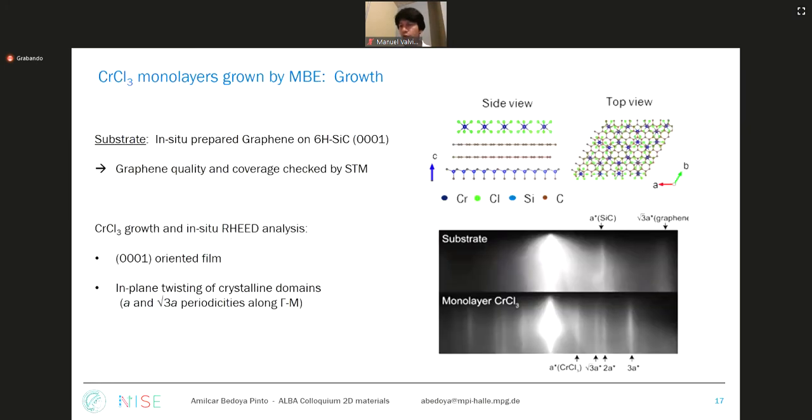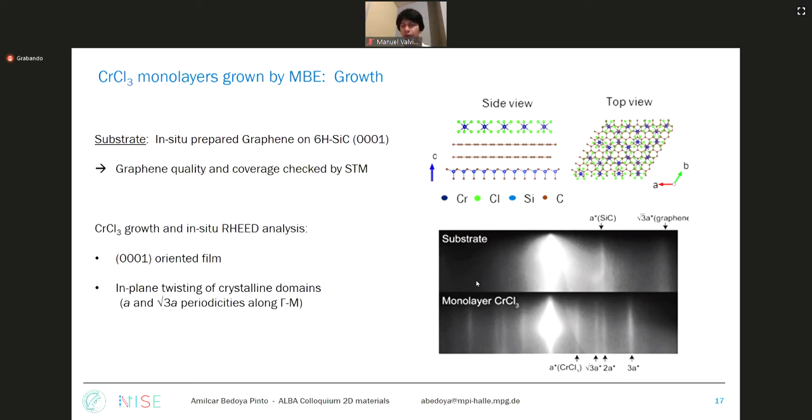Regarding the growth of the samples, we used silicon carbide, and from silicon carbide we prepare graphene in vacuum. So we graphitize the surface and we end up with bilayer graphene. We check carefully via STM the coverage and the properties of the graphene before depositing the chromium chloride. When we grow the chromium chloride, we have to make sure that it's a monolayer, not a thicker sample.